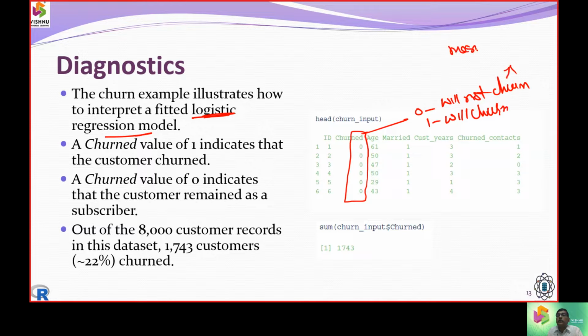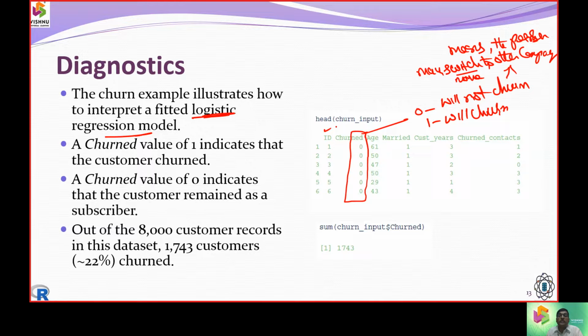Churn means the person may switch to another company. So there is a chance they may switch or move to another company. That's what churning tells.